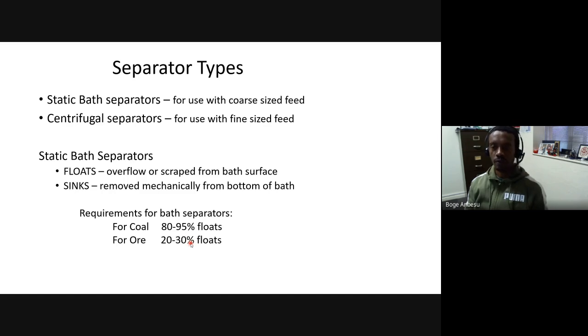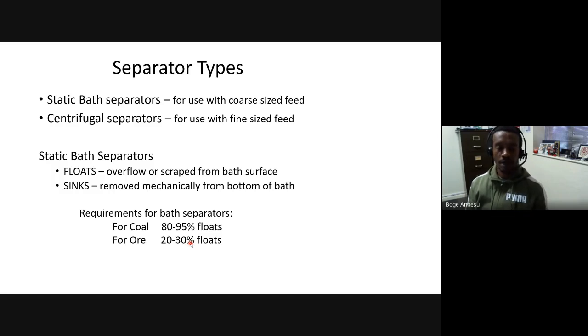So if I have lots of floats, then my separator should allow me to skim or remove that float as quick as possible because the proportion of it is very high. So there should be a mechanism to allow for removal of the float as soon as possible. If there is a very tiny amount of float, then the volume of your separator should account for a large proportion of the sink.